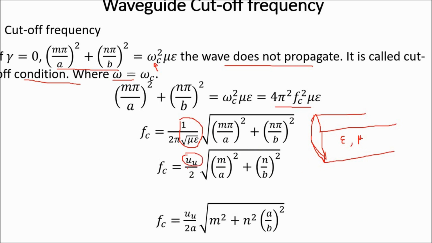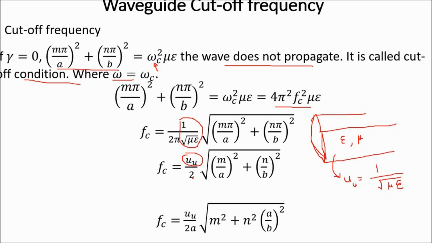So we are assuming the speed in the dielectric for the unbounded case. If the dielectric material is not bounded by a waveguide, we get the speed of propagation like this. So u_u is called the unbounded medium speed. The medium with permittivity epsilon and permeability mu has a propagation speed u_u if there is no waveguide present.